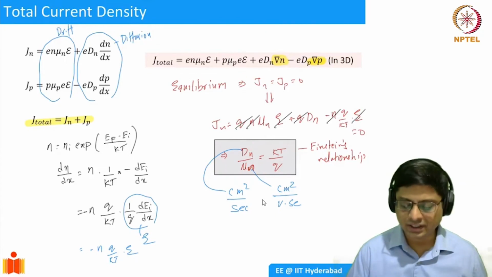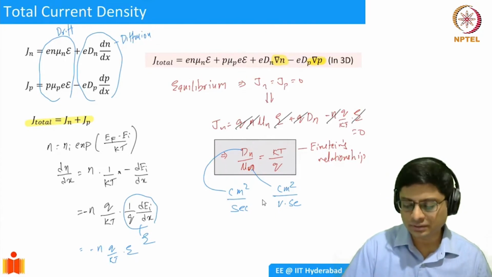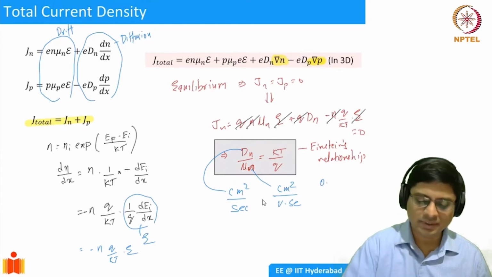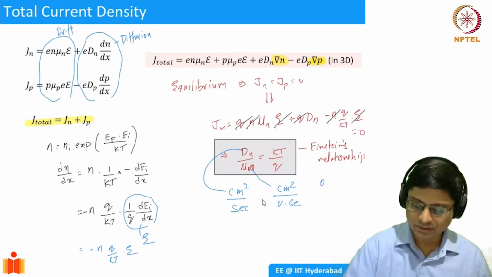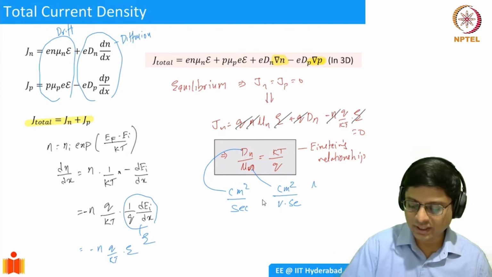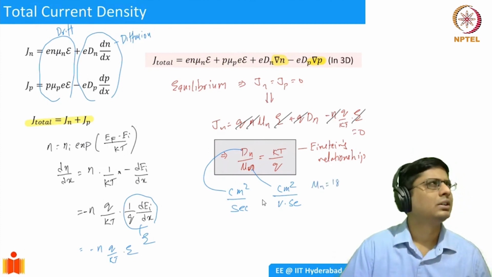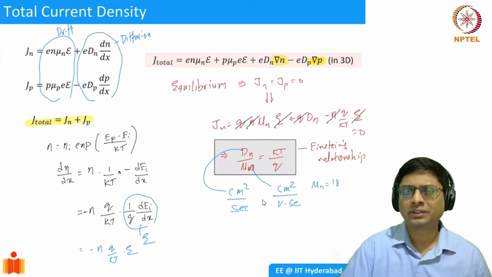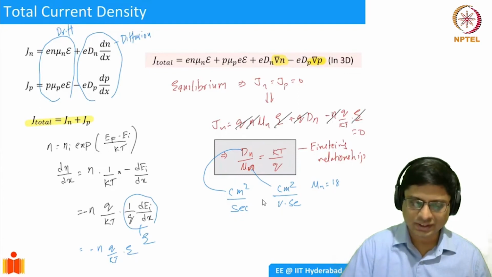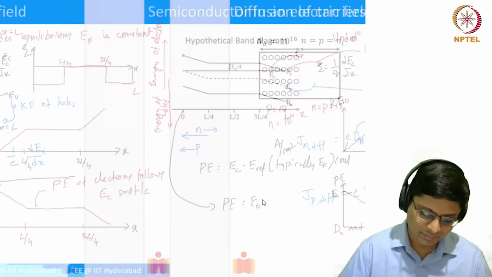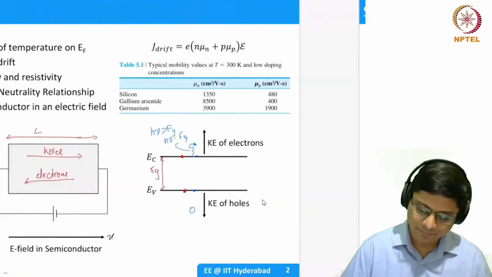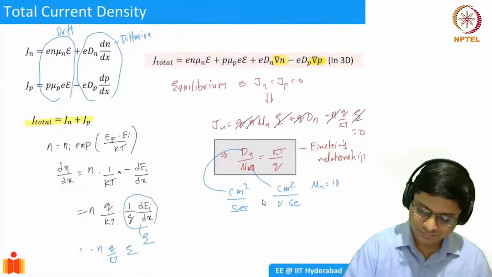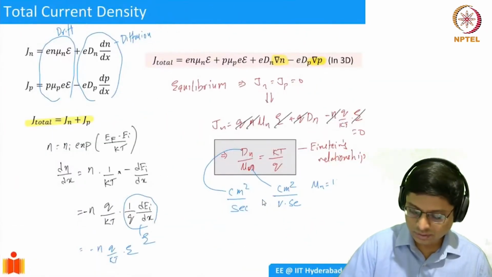So you could immediately calculate D from KT by Q. Let's take an example. Mu n, let's say, 18. Sorry, not 18. What was that? Mu n was 1450 in the last lecture, in the first slide, we had some number, right? 1350. Sorry. Yeah, mu n is 1350 centimeters square per volt second.